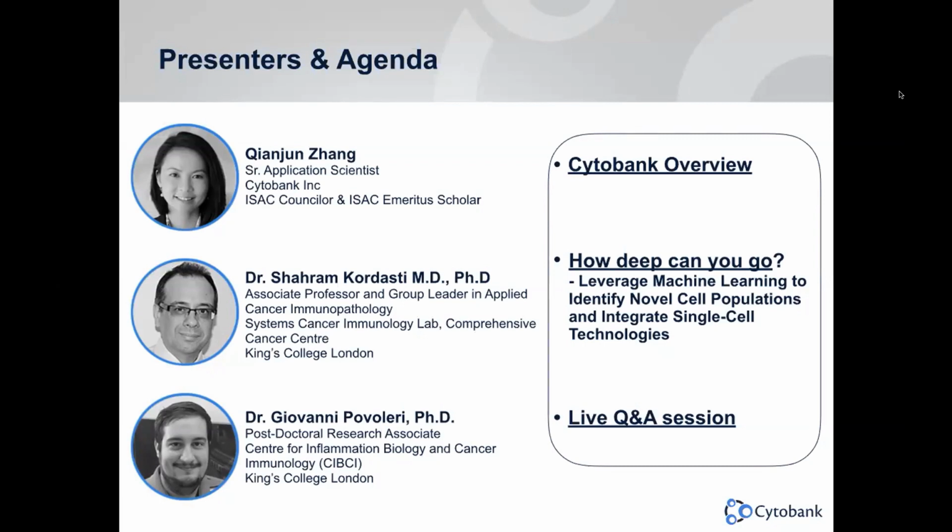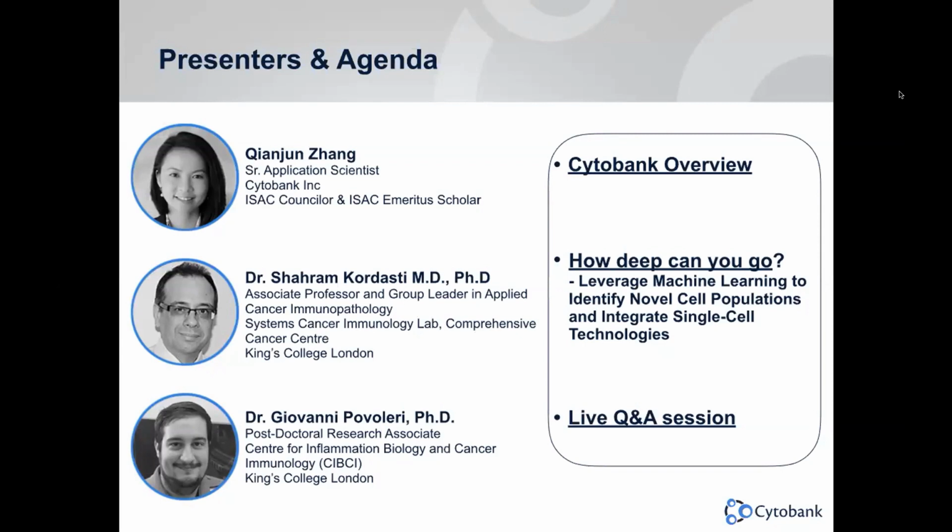We are honored to have our guest speakers, Dr. Shahram Kordasti and Dr. Giovanni Povoleri, join us. Dr. Shahram is Associate Professor and Group Leader in Applied Cancer Immunopathology, System Cancer Immunology Lab, Comprehensive Cancer Center at King's College London.